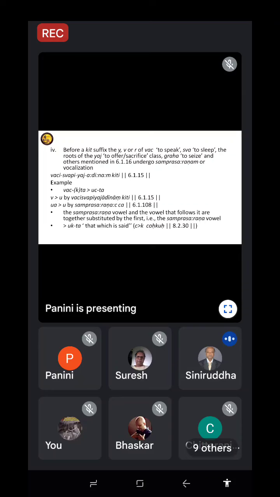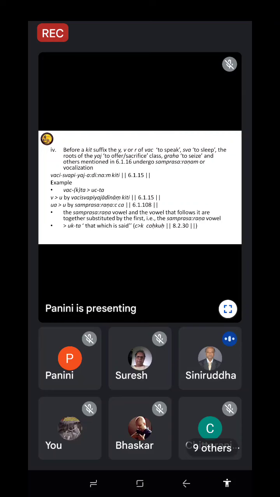Kiti means kit pratyaya pare. Piti means pit pratyaya pare. Whenever saptami vibhakti is used in a sutra, you should understand it as the condition, meaning a sound condition or any type of condition.